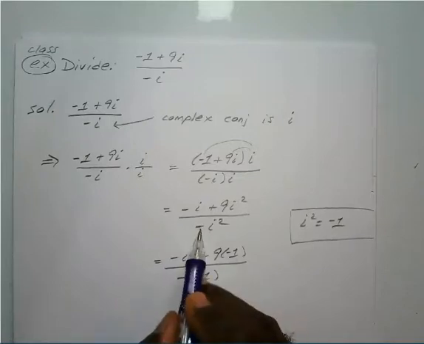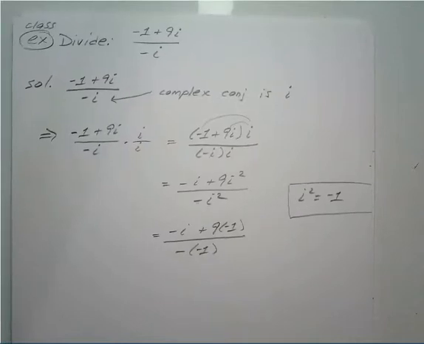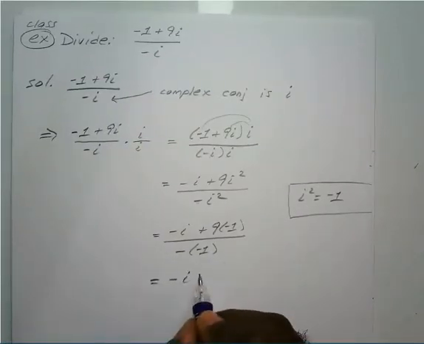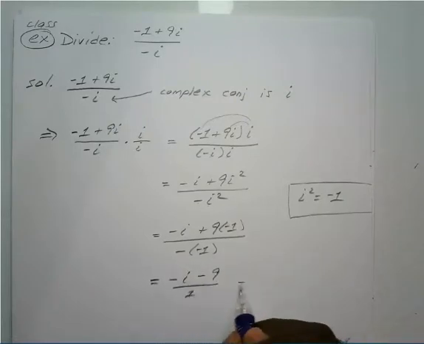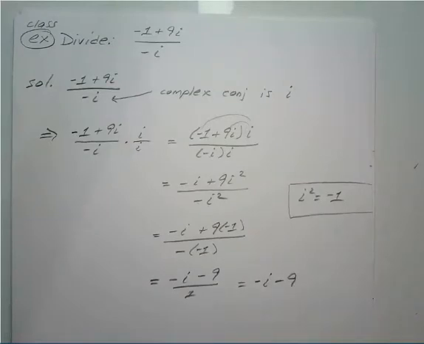Okay, remember that negative's on the outside. So that equals negative i minus 9 over positive 1, which comes out to just be negative i minus 9. Now, if they want that in a plus bi form, that would be negative 9 minus i.